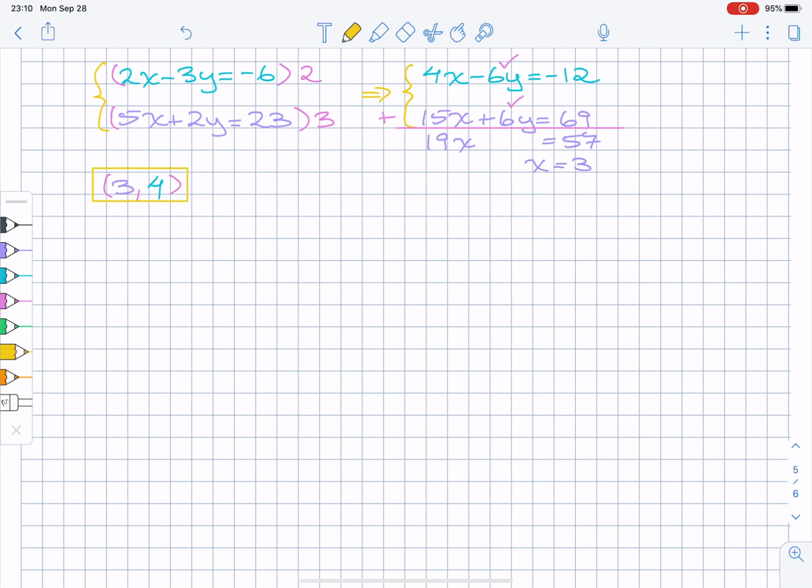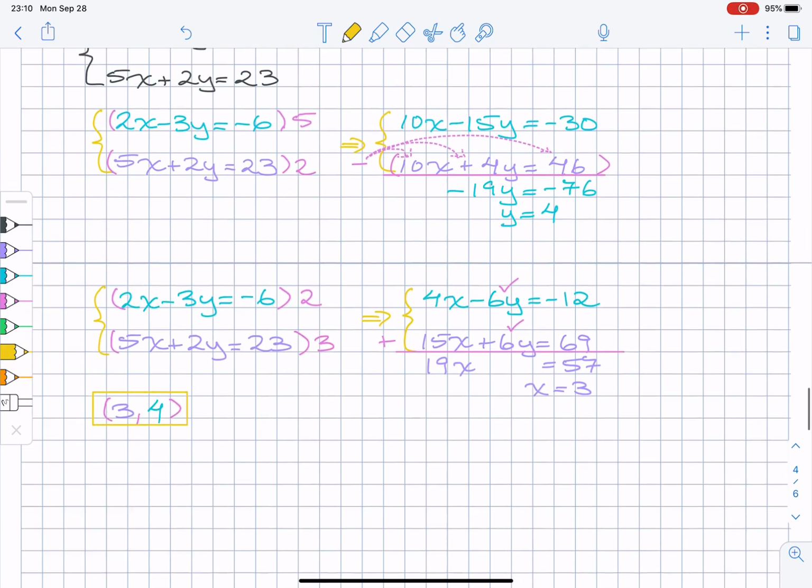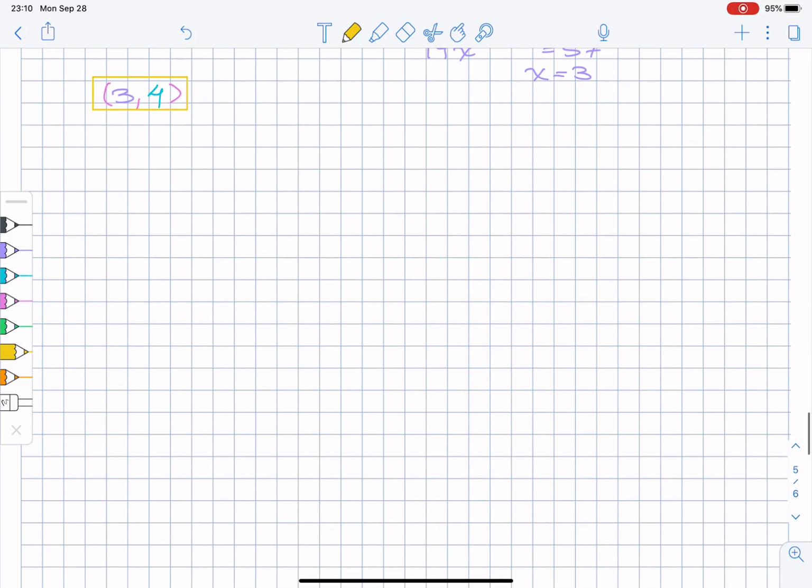independent and consistent. Okay, let's do another one via elimination, which is so lovely. Okay, so the second system, let's do x plus 4y is equal to 15, and negative 2x plus y is equal to negative 12.